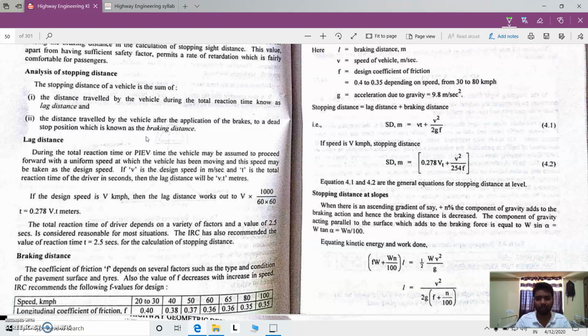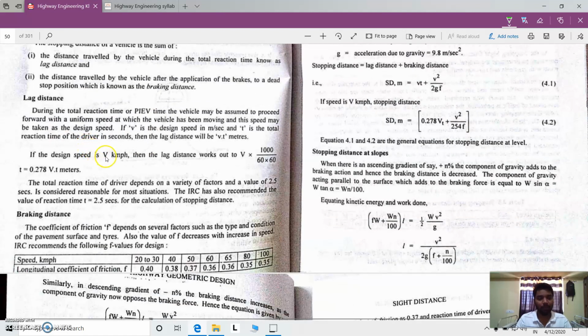These two distances traveled by the vehicle together give the total stopping sight distance. We studied the same content in the PIEV theory.